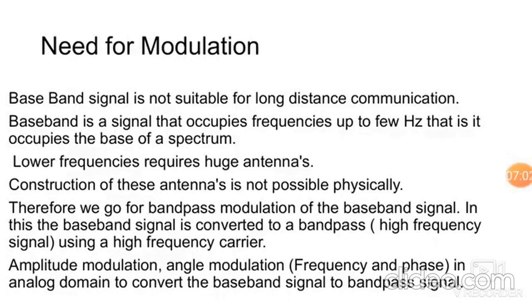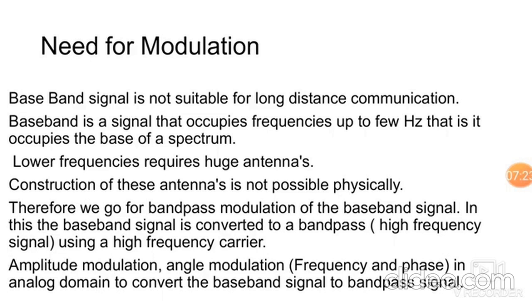So why is modulation needed? A baseband signal cannot travel long distances; while it travels, its strength weakens. If we want to send this baseband or low frequency signal over a longer distance, we go for modulation.